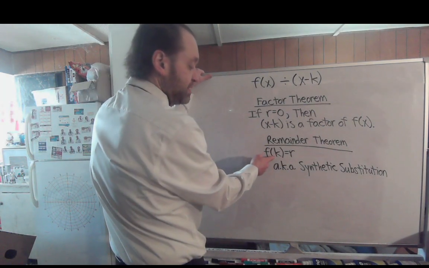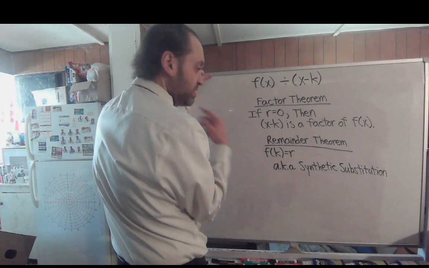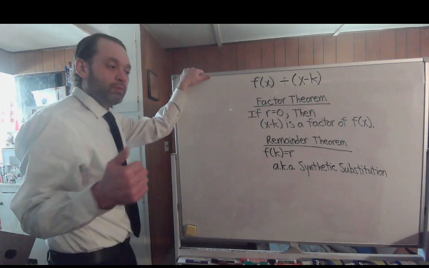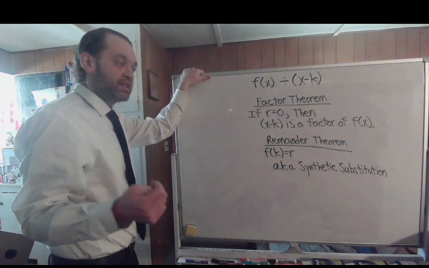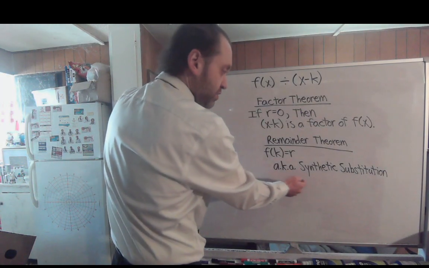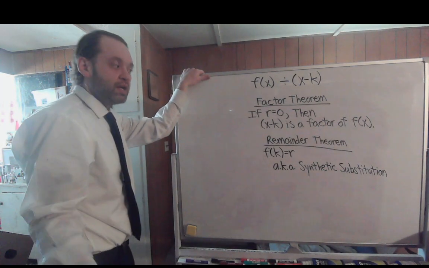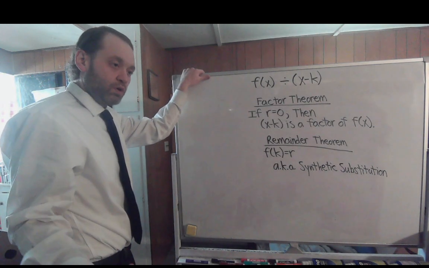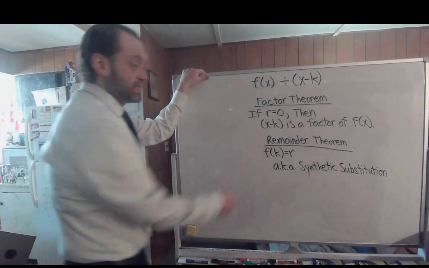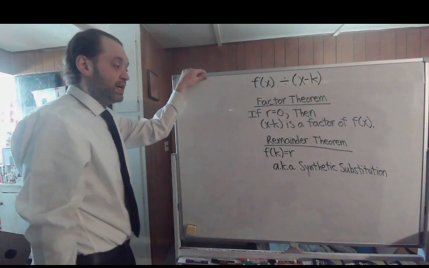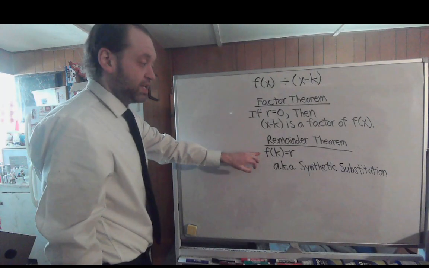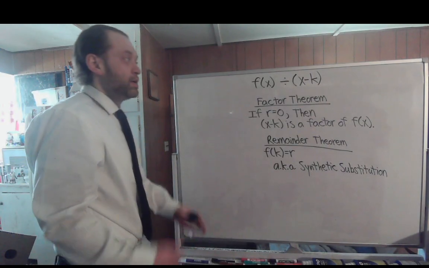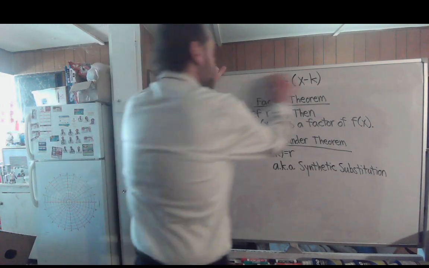So you take your synthetic division, divide by k. That value for f of k equals your remainder. We did that when we did synthetic substitution. I even put that, also known as synthetic substitution. So by the remainder theorem, that's how synthetic substitution works. You can extend this: if the remainder is 0, that means your f of k would equal 0 also. So let's get into some examples here.